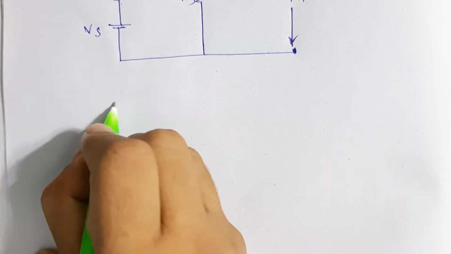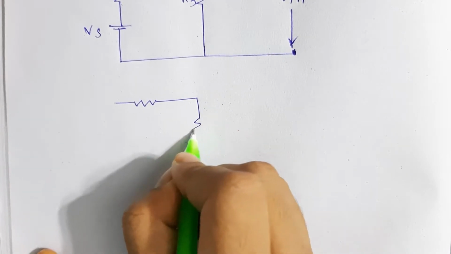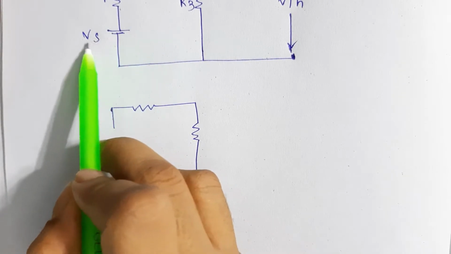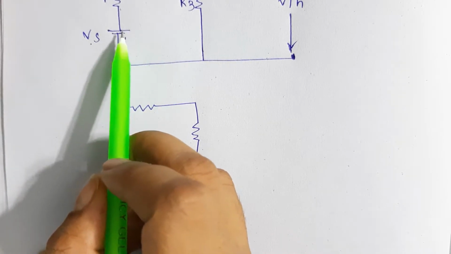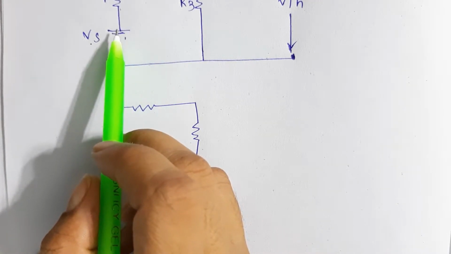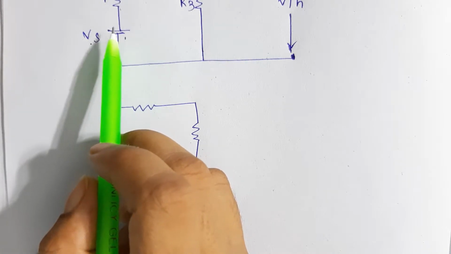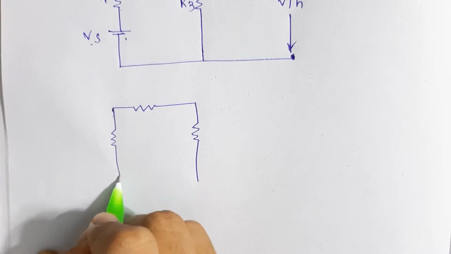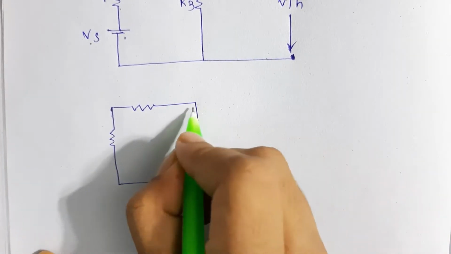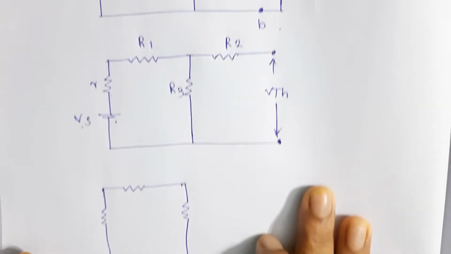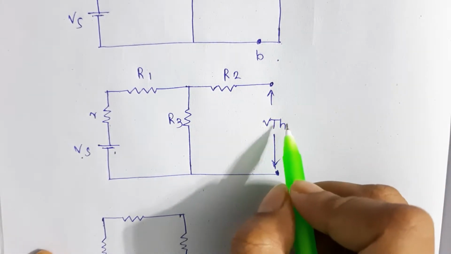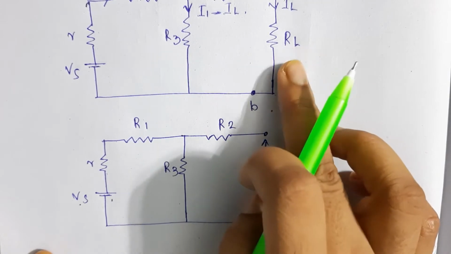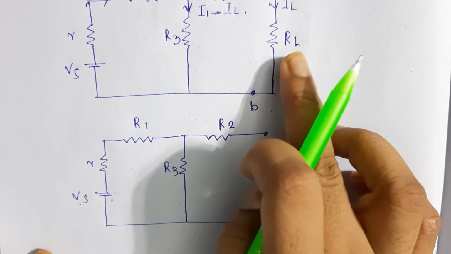For RTH you will remove the extra sources. Here we had one voltage source, just remove that voltage source, and it will be something like this. When we were finding VTH, we removed the RL, which was the load resistance whose current we actually have to find.